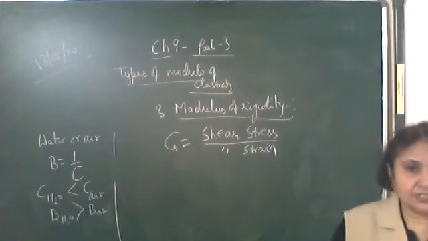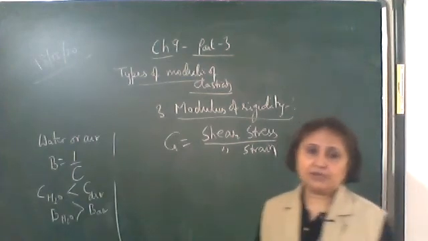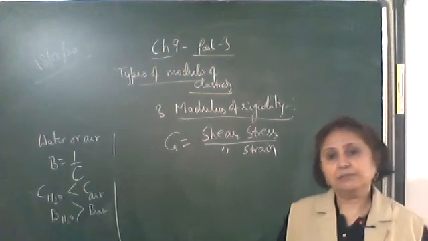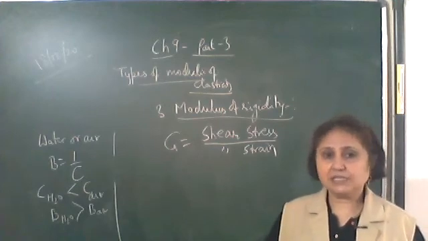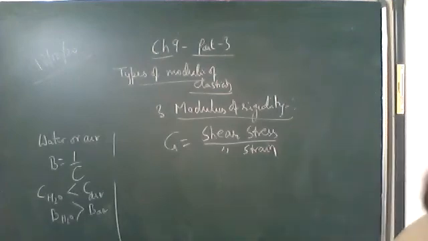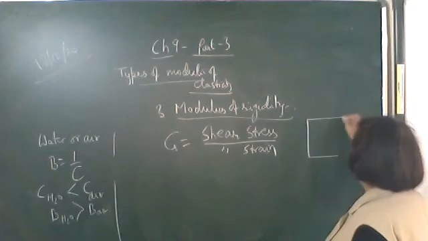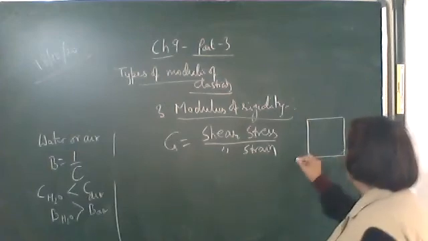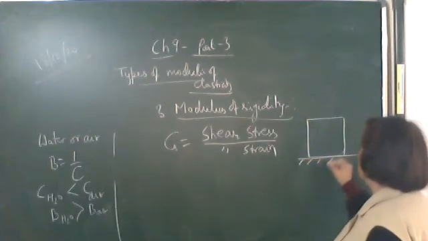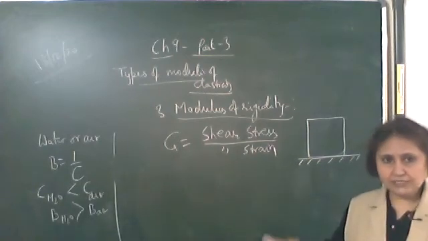Shear stress is also called tangential stress. Why do we call it tangential stress? Because the force which is applied is tangential to the surface. Okay, so the same figure. Let there be a cube and the lower face of the cube is fixed to a rigid socket. The lower face cannot be moved.